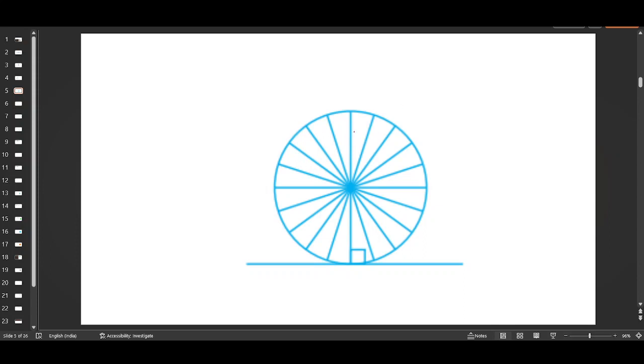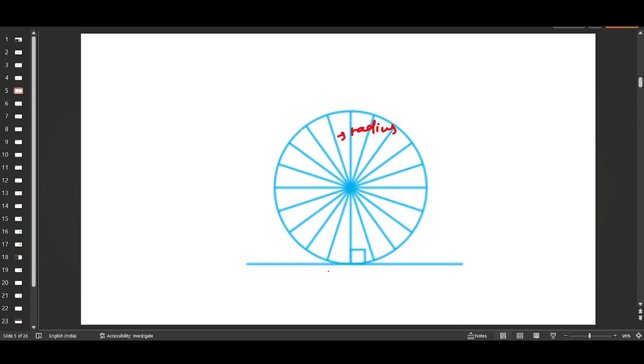Have you seen any bicycle or cart moving? Look at this wheel. All the spokes of the wheel are radii. This is a radius. Clear? This whole diagram is a wheel.